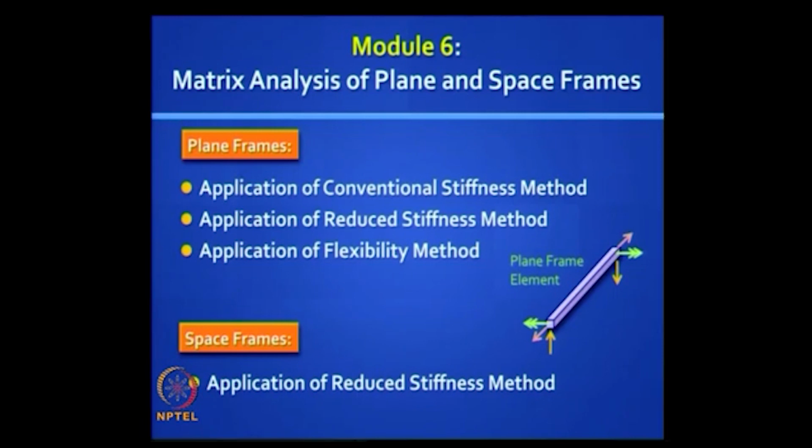So, the space frame element is the most generic, most complex element that you can get in matrix analysis. It is a very powerful element. As you can see, you have 6 degrees of freedom at each end of the element.